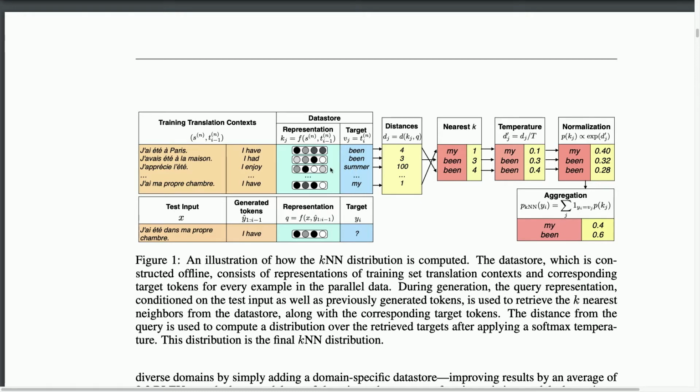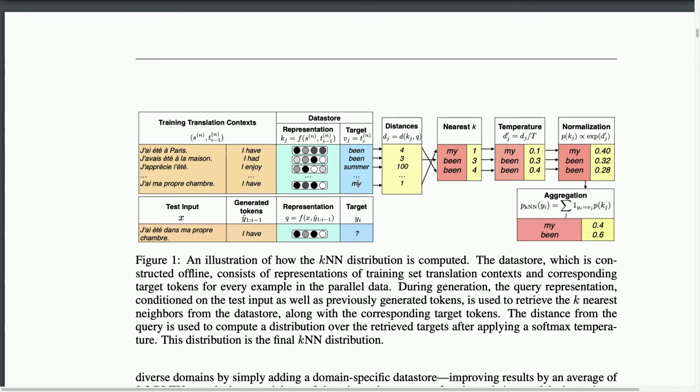And then what you're going to do with those representations during inference is, given that you have your source sentence and you have generated some context, you compute a representation for the current context, and then you search for the closest contexts in your database and look for what the next words are for those contexts. The next words could be "been", "summer", "my", and so on.